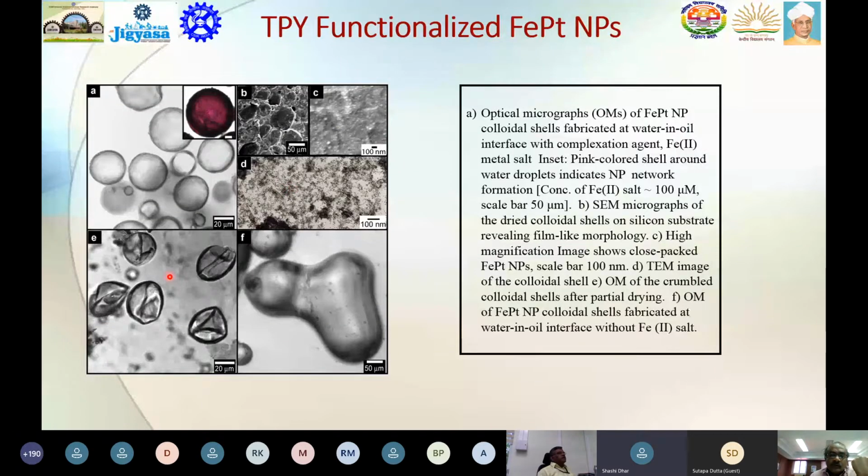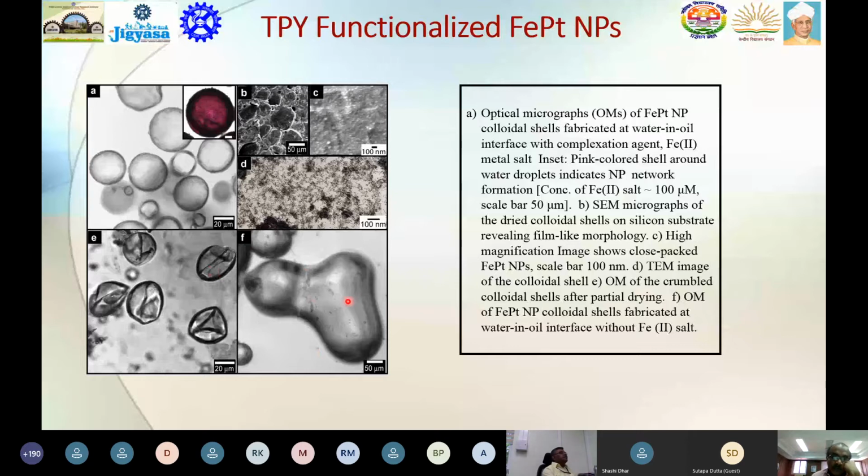And image E shows that these colloidosomes are stable for 5 days. After 5 days, it slowly loses the water and breaks into thin films. It collapses.